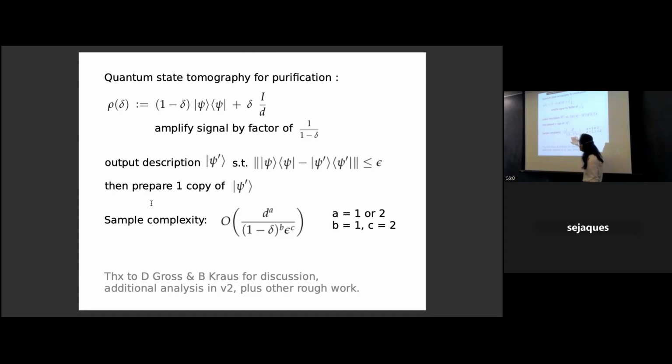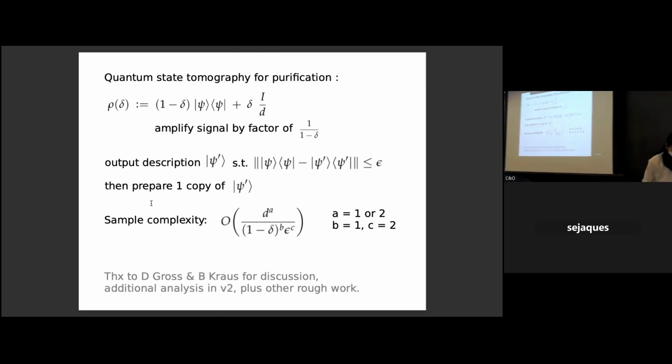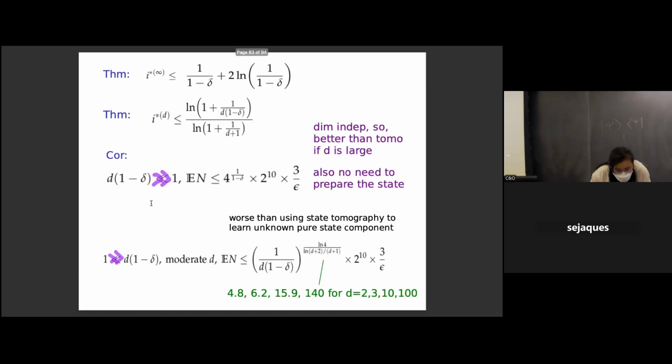Tomography has a good dependence on 1 minus delta, but it has dimension dependence as well. If you do tomography, after you learn what the state is, you have to go and prepare the state. In the swap test method, we don't need to. It's just sitting there. So if the state is very hard to prepare, then tomography also causes you a problem later.